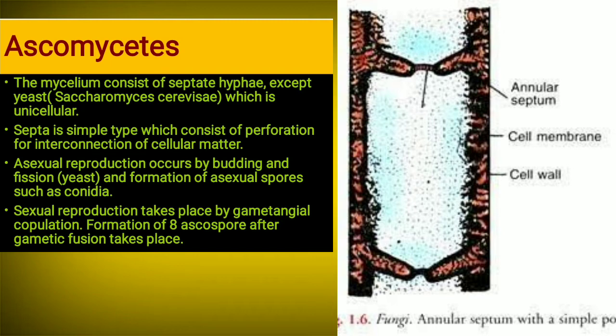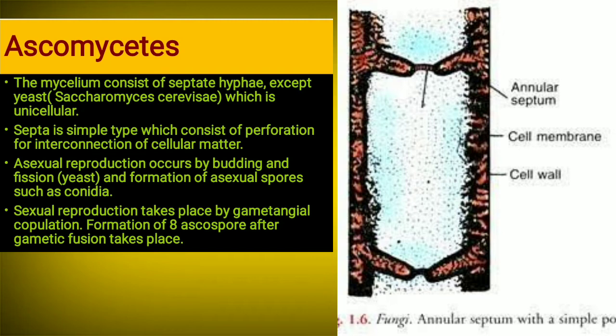This ascus mother cell undergoes meiosis to form 4 ascospores, and those 4 ascospores again undergo mitotic cell division to form 8 ascospores, and this is wholly formed within a structure which is called an ascocarp.